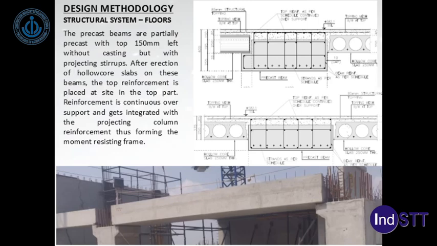So these frames are in one direction, as you can see in the image. The connection is stitched at site, cast in situ, but once the connection is done and the top part of the beam is cast, then the full depth of the beam is activated and they act as one-way moment frames.